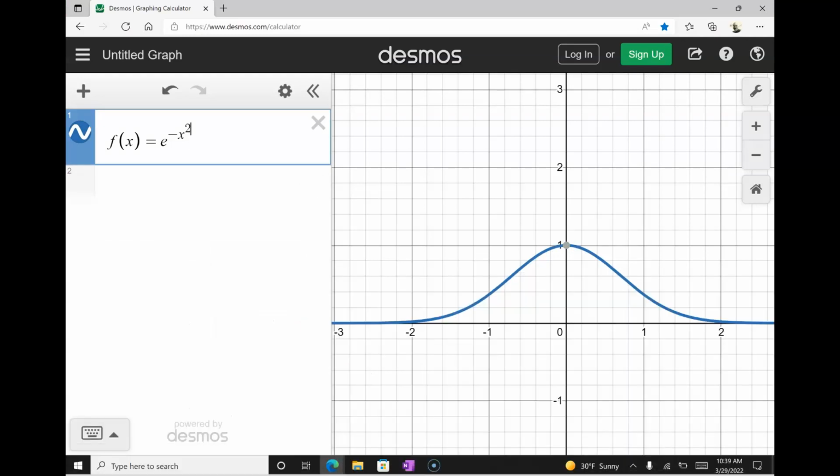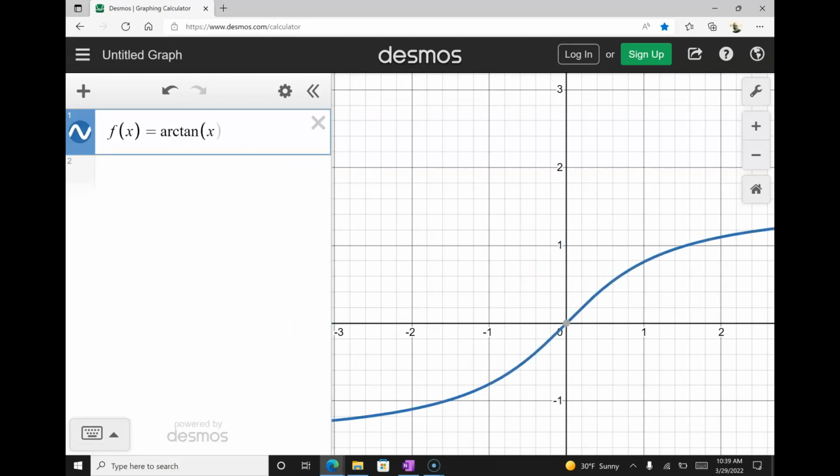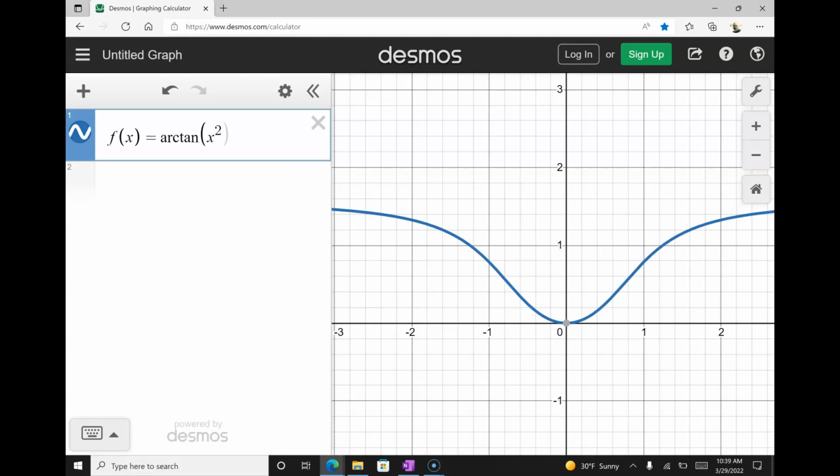So my function is the arctan of x squared. And I had 2 points, right? My criticals were plus or minus square root of 3 over 3, right?